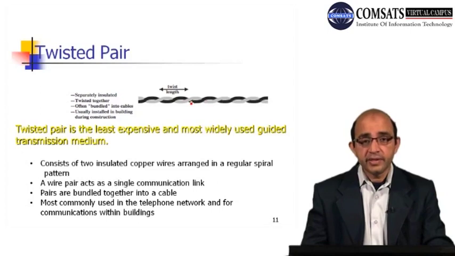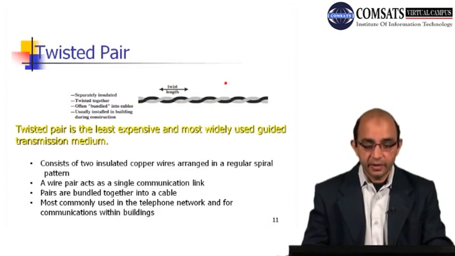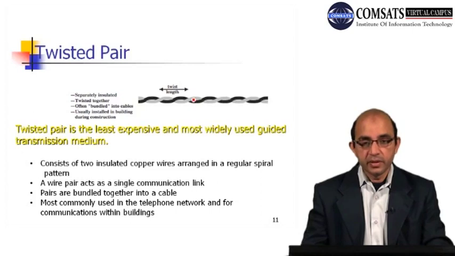The reason for those twists is that if we have a single cable, it introduces EMI, electromagnetic interference. If we have a single pair of cable without twist, each cable produces EMI, that is electromagnetic interference.